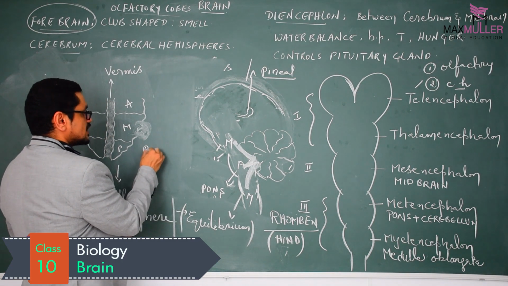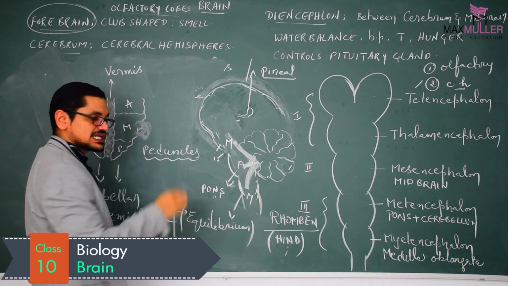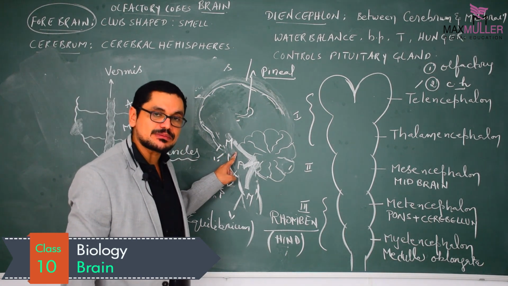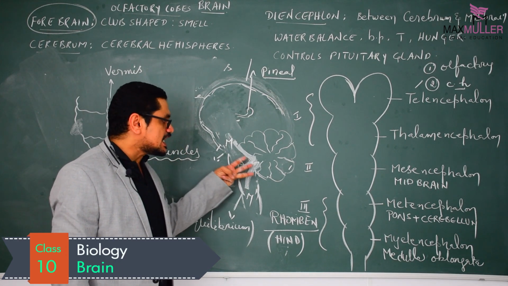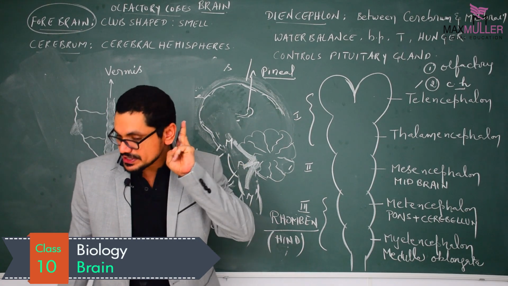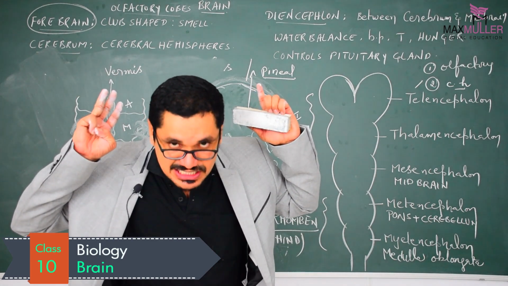I will write here, they are also called peduncles. So what are peduncles? This is the superior peduncle, middle peduncle, and inferior peduncle. Three peduncles are present on this side, and three on this side, so a total of 6 peduncles are present.